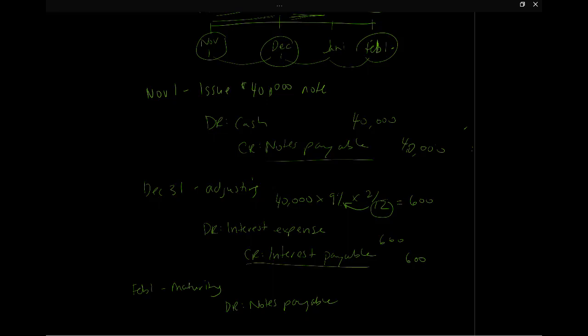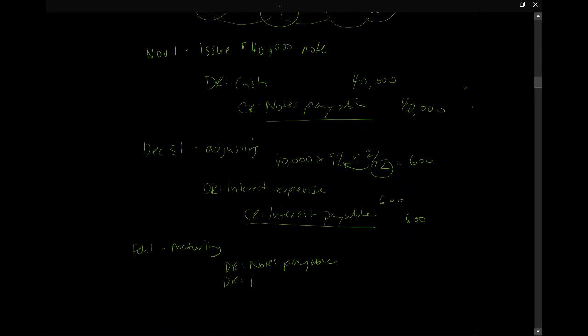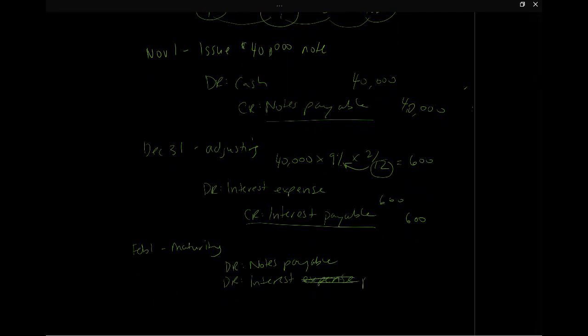We know we're going to need to clear out our interest payable, so we're going to need a debit to interest payable to remove that. Interest payable, not expense. The expense doesn't change, only the payable changes. And then we're going to have a credit to cash.